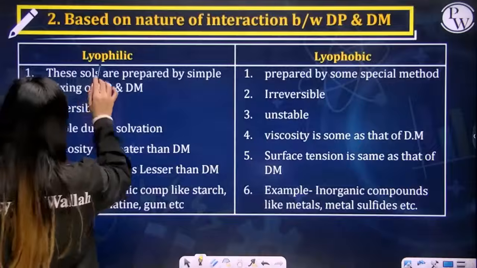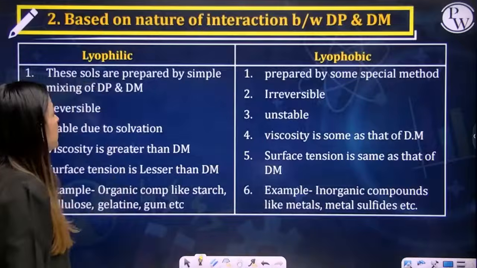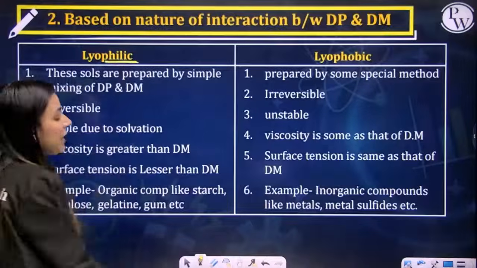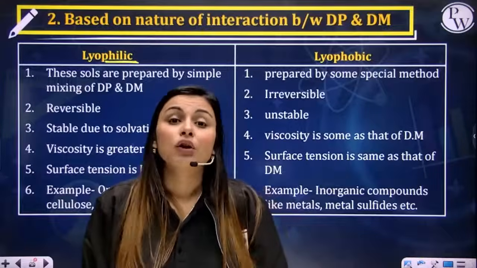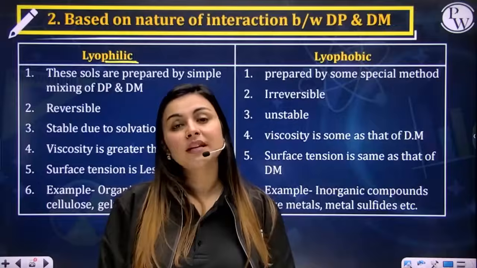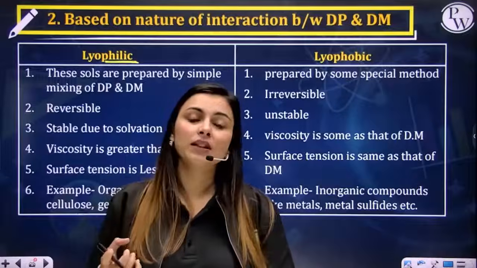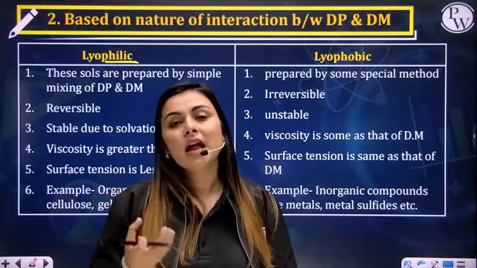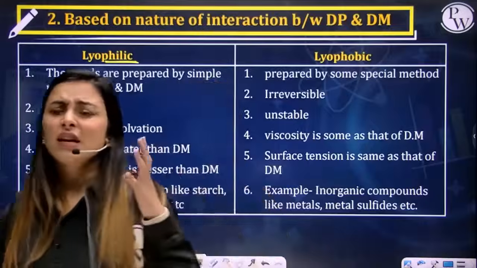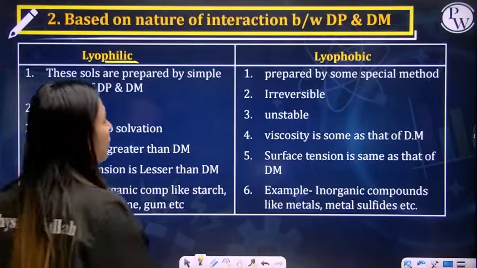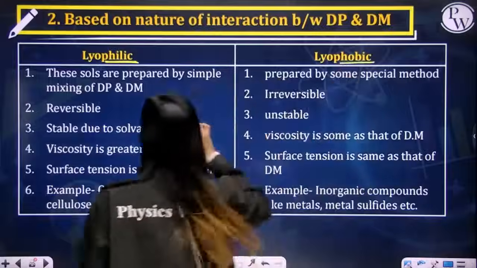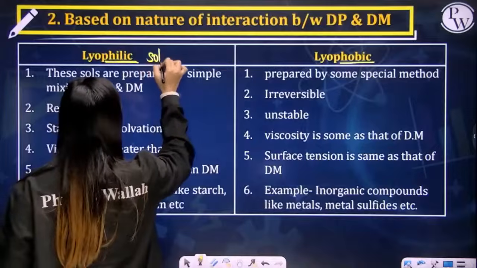Whenever you see the word philic, it means something loving. Okay, so if your dispersed phase and dispersed medium have a strong interaction between them, those will be known as lyophilic. And if they have a very bad interaction between them, kind of repulsion is present there, then my dear students, they will be known as lyophobic, because this is something hating. So we can say that lyophilic are solvent loving.